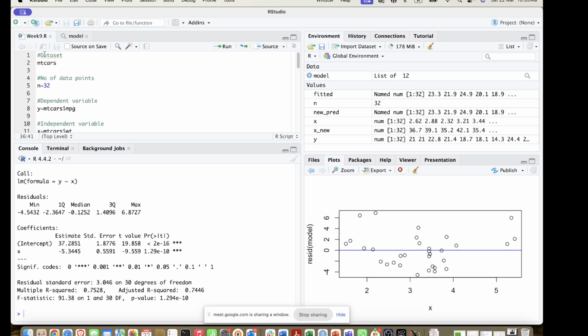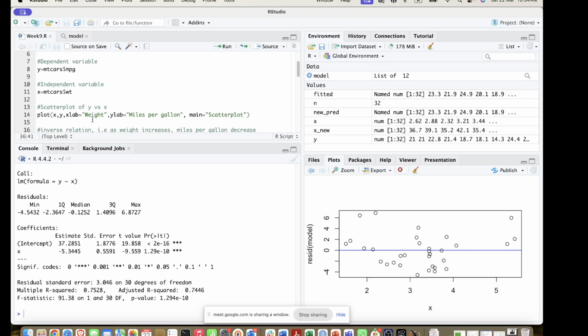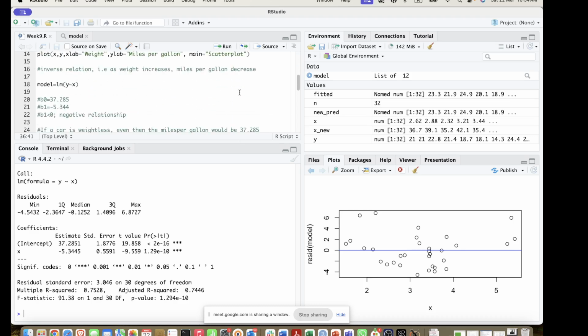You have the data set, you have the number of data points, the dependent and the independent variable, the scatter plot, and you see that there exists some sort of relationship. You try to fit a line, you try to fit a curve or something like that, but mind you, that should be linear in parameters.